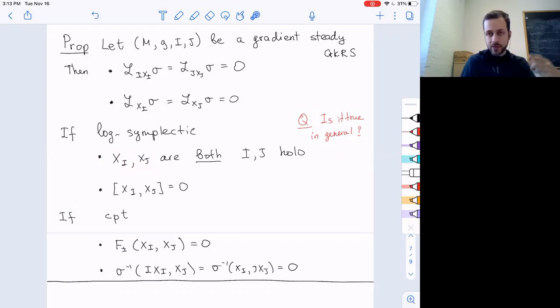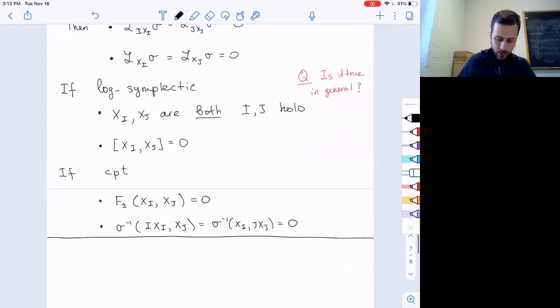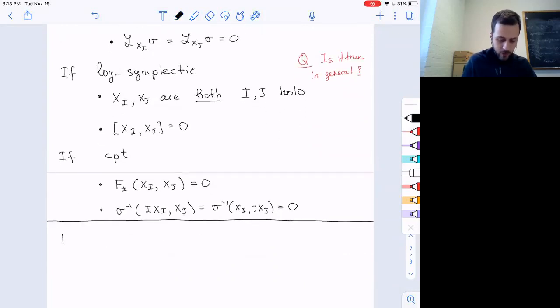So they generate a subgroup in the isometry group, and because they commute, they actually generate a torus inside your isometry group, which preserves both holomorphic structures. And this is the key to the following proposition, which I will call the volume characterization of solitons.